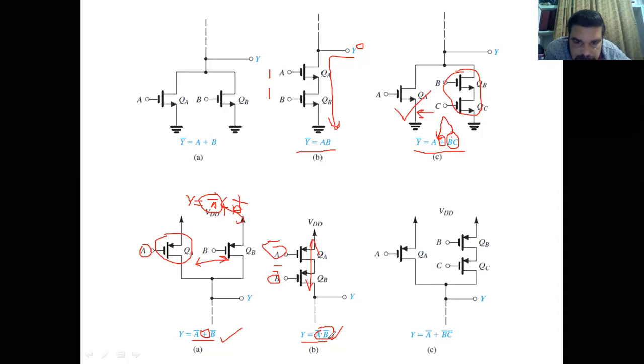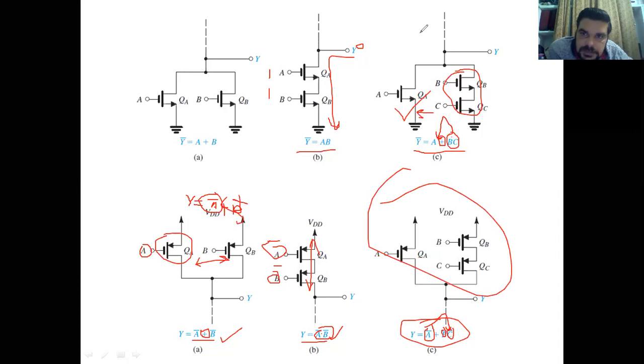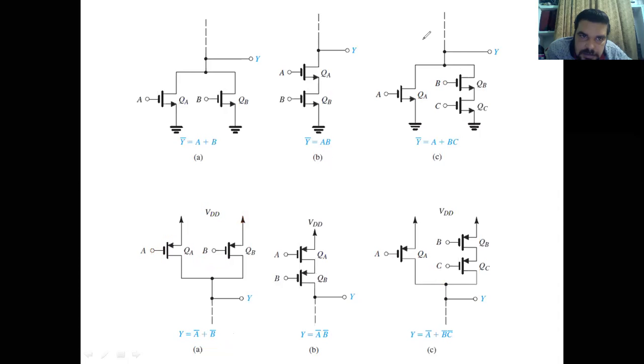Inputs will be the same, A and B. Here you can also see two PMOS connected in series having inputs B and C, and one PMOS connected in parallel to this. So you can easily design this combination. By doing this, we develop the pull-up network and pull-down networks.